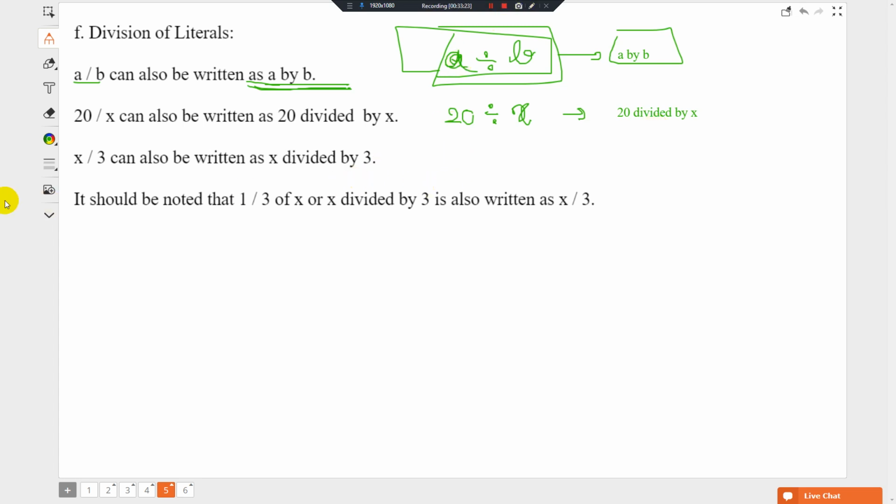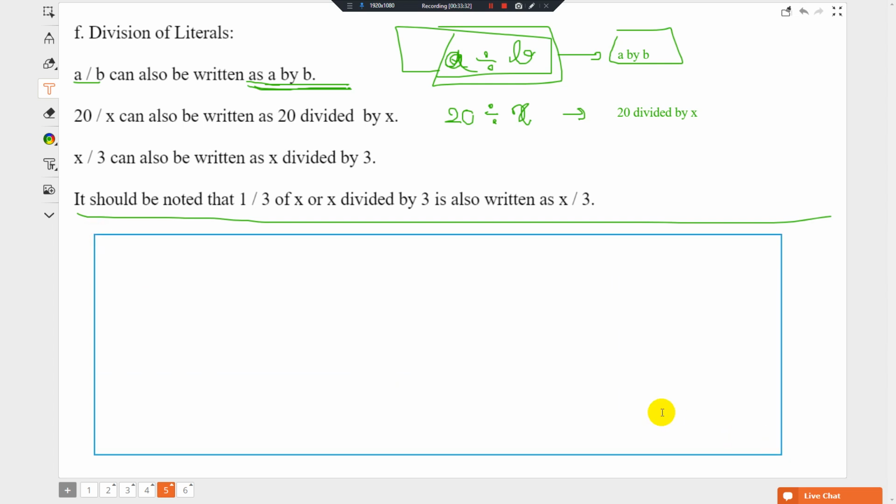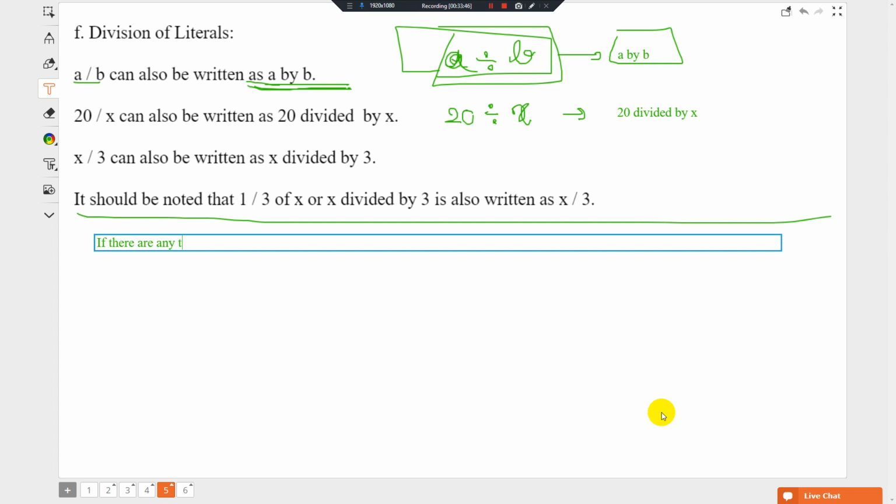See, in this case, if there are any two literals, we only use the word by.